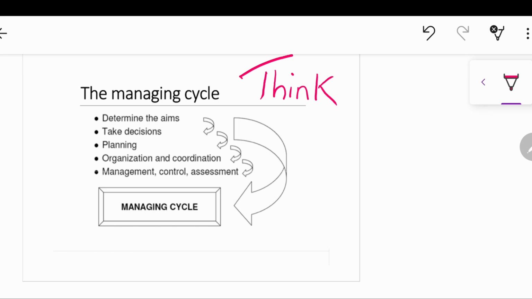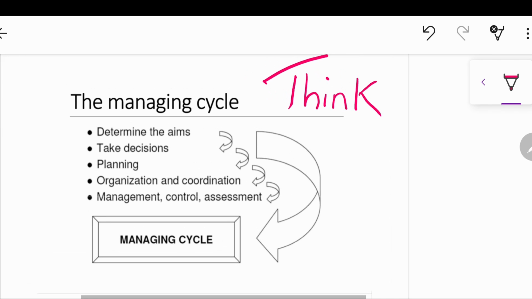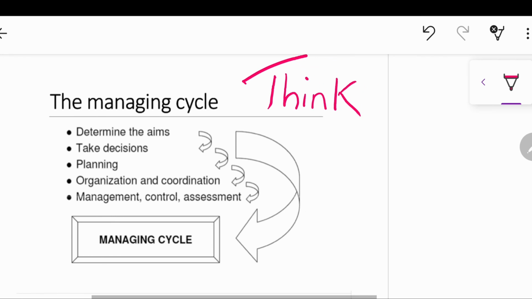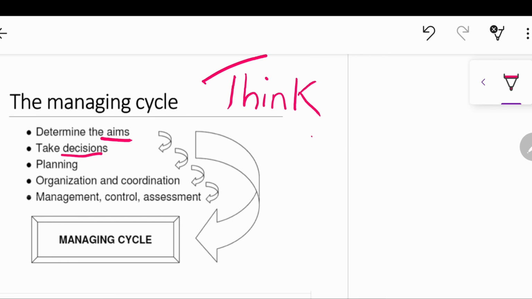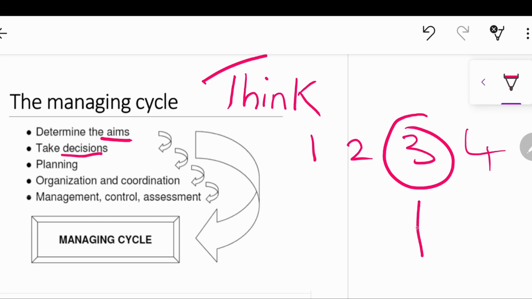Firstly, what a manager should do is think of an aim. What does he want to achieve? Then he has to make some solutions, and from these solutions he has to identify which is the optimal solution.